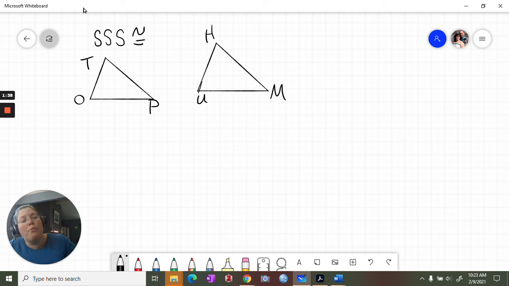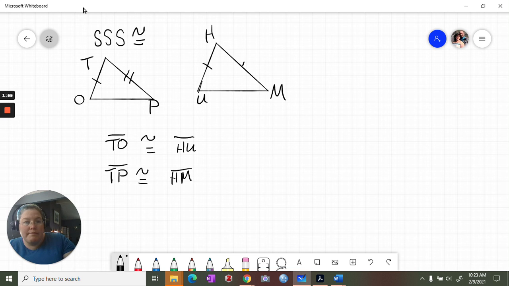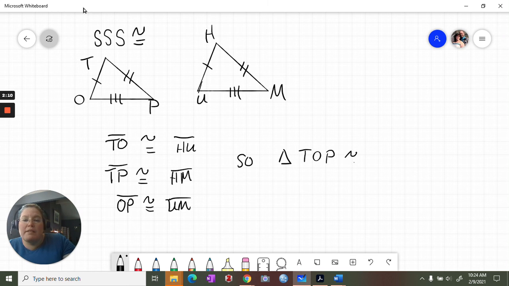So if we know that TO is congruent to HU, and if we know that TP is congruent to HM, and if we know that OP is congruent to UM, then I can make the claim that triangle TOP is congruent to triangle HUM because of side-side-side congruence.